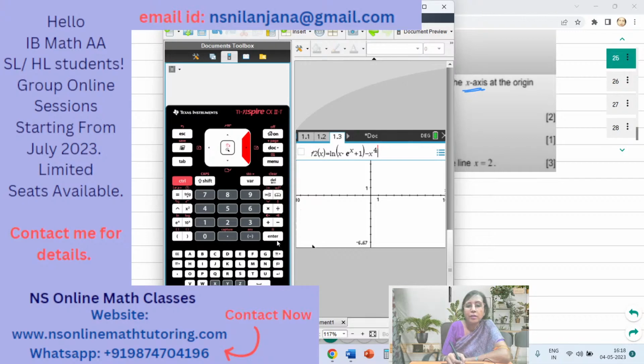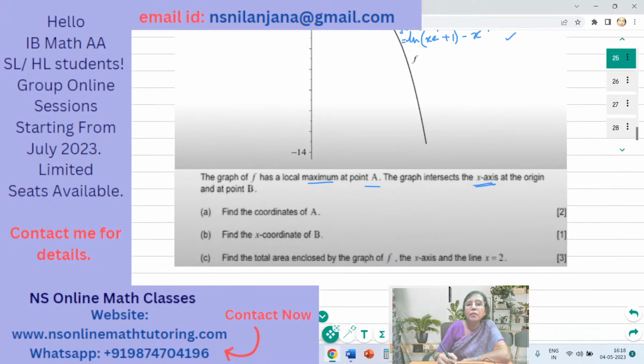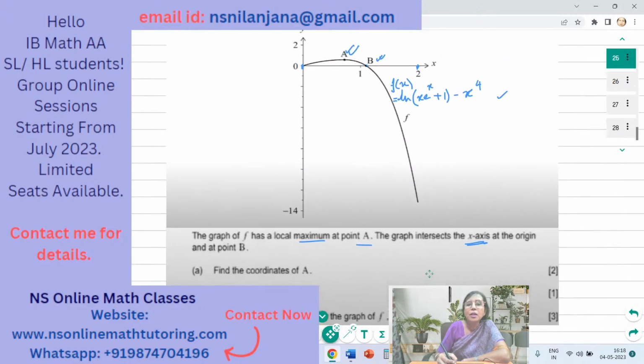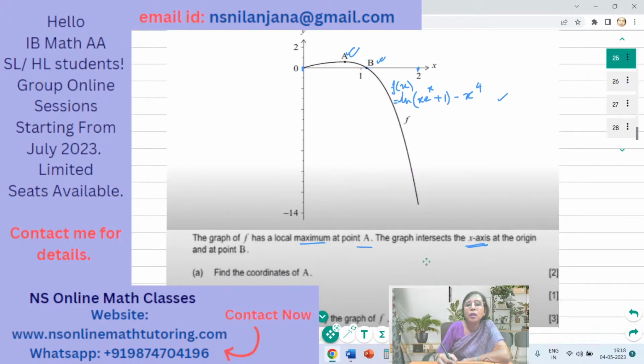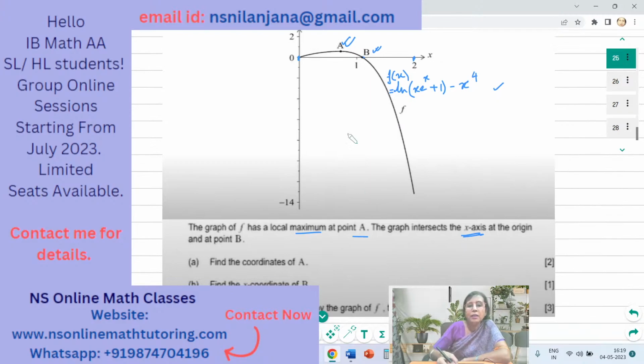Now we have to graph it between x equal to 0 and x equal to 2. It goes up to 1 on the y value, this is 1, this is 2.